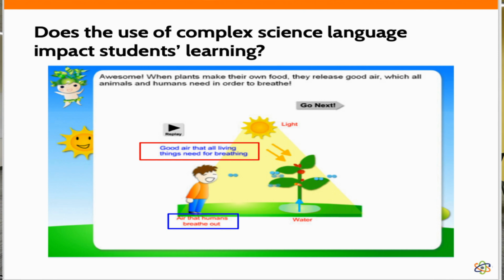These students got the same image, but here's what they got: light that comes from the sun, good air that all humans need for breathing, air that humans breathe out, and water. So in order for photosynthesis to happen, the plants use the bad air that humans breathe out, they use the sunlight, and then they give us back good air that humans use. Same ideas, but the words were different. The question is, how does that impact learning?